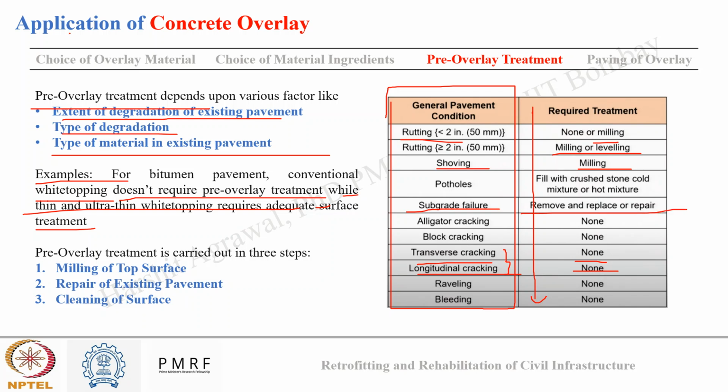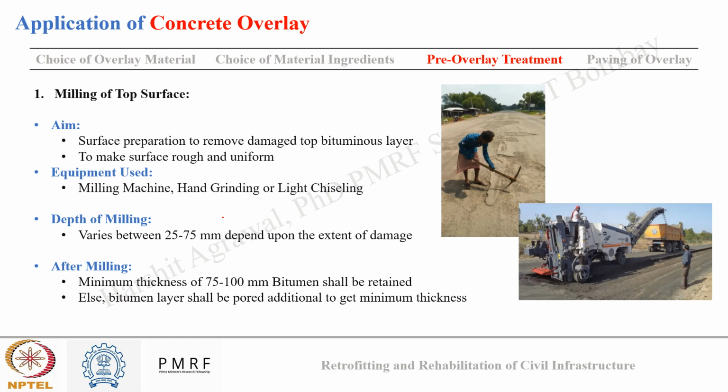Okay, now this pre-overlay treatment is generally carried out in three steps. First is milling of top surface, then second is repair of existing pavement, and third is cleaning of the surface. So when we talk about milling of top surface, the aim is to prepare the surface to remove any damaged bituminous layer and to make the surface rough and uniform.